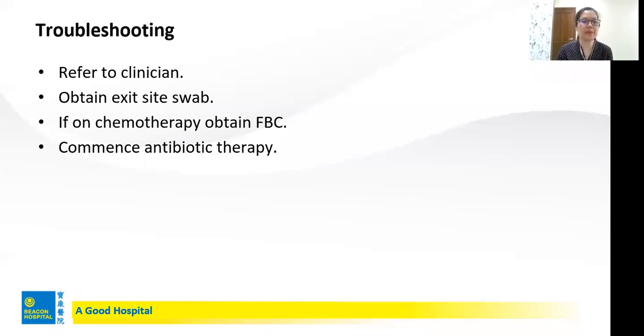And if the patient is on chemotherapy, why do we need to obtain the full blood count? This is to rule out whether the patient is post chemotherapy and experiencing neutropenia. If the patient has a very low blood count, that leads to high risk of infection, and we might want to give some booster to boost the immune system, so that the infection can be treated more easily.